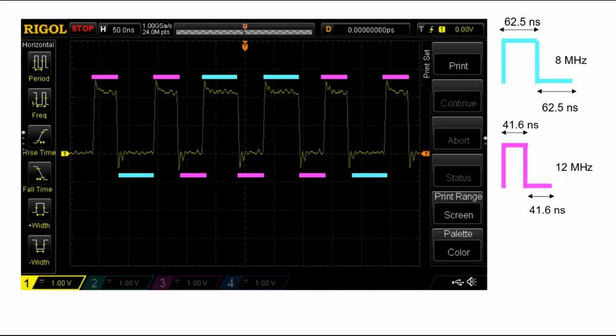I used this snapshot of the scope to mark the length of each pulse and gap. The two values are 62.5 nanoseconds in light blue and 41.6 nanoseconds in magenta. These correspond to 8 MHz and 12 MHz as shown here.